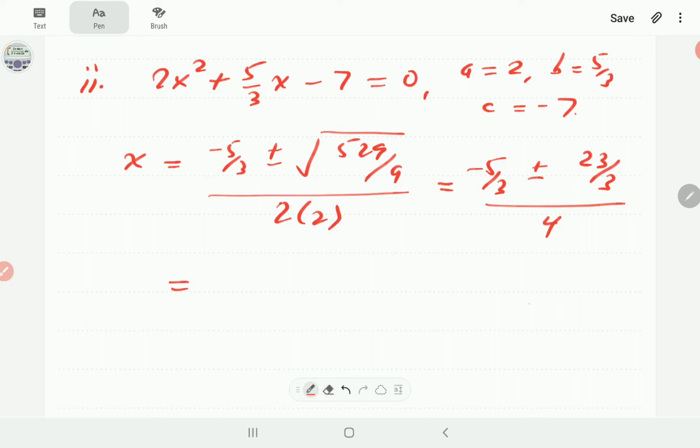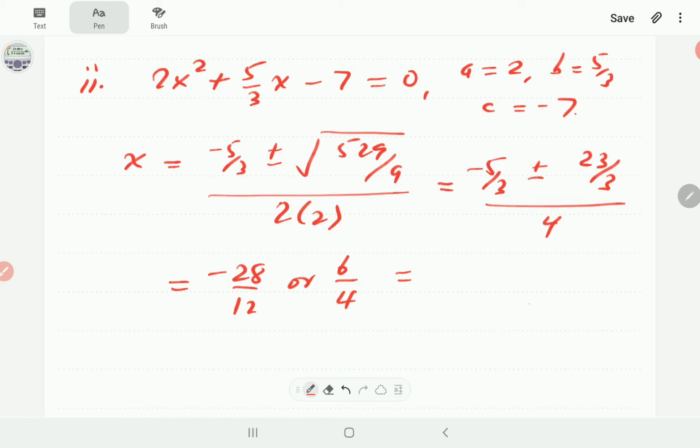If we take the minus here, it's going to be negative 28 over 12, 3 times 4. If we take the plus here, it's going to be 6 over 4.